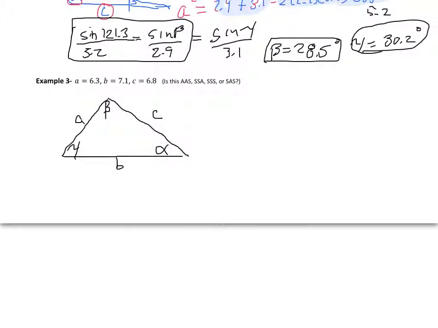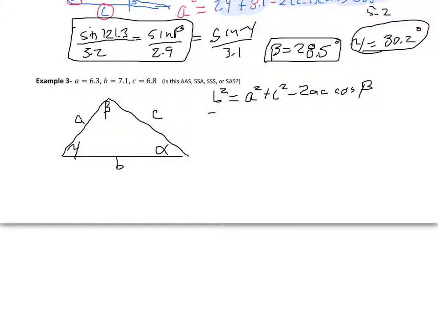So first of all, let's write the equation that goes with that. We get b squared equals a squared plus c squared minus 2ac times the cosine of beta. All right, now let's fill in what we know.